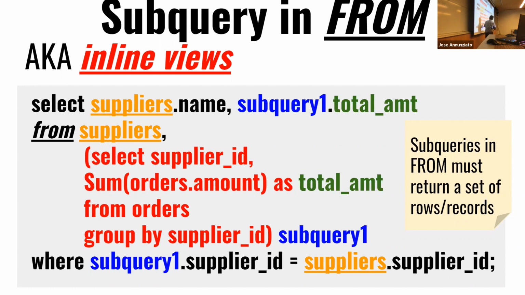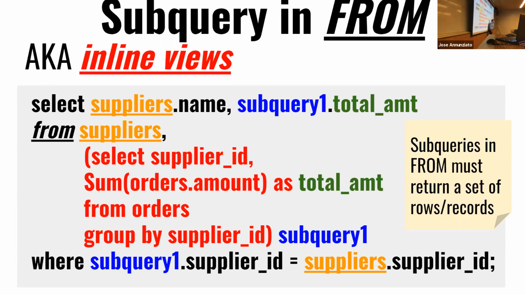Now I can treat subquery 1 as if it were this little table, 4 records, 2 fields, along with suppliers. It's going to do a cross product between these 2, of which I don't want all of them. I only want the join down here. See that? I'm joining the subquery that has the primary key of the supplier ID with the suppliers over here that has presumably some foreign key.